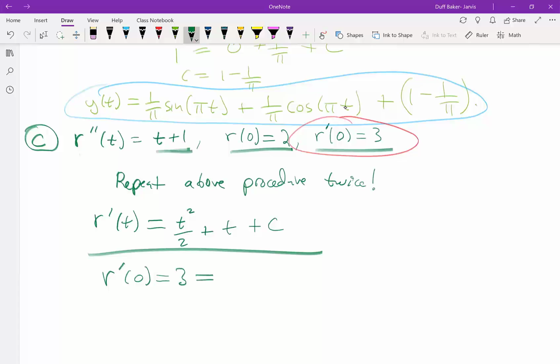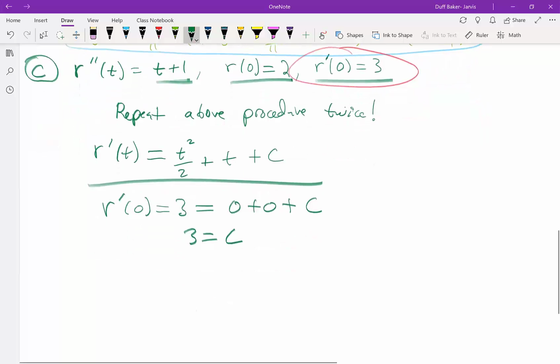And so that means we're plugging in t equals 0. So that'll be 0 plus 0 plus c. So this just says 3 is c. Okay, and now that tells us exactly what the derivative was. It's t squared over 2 plus t plus 3.